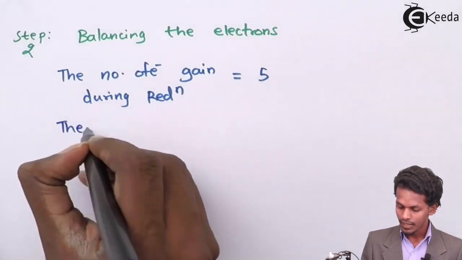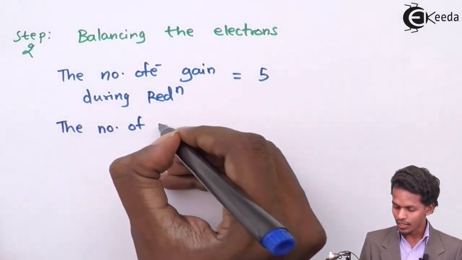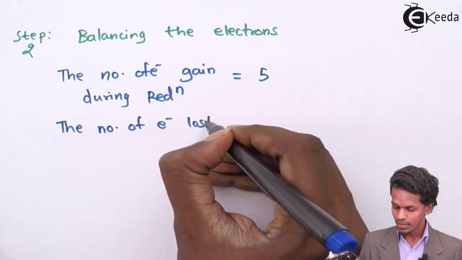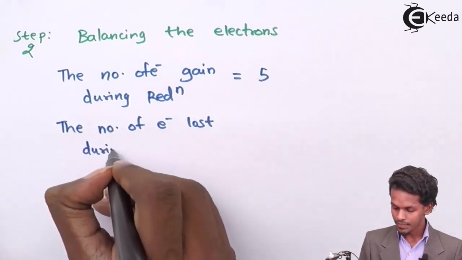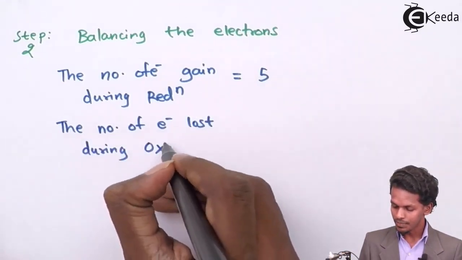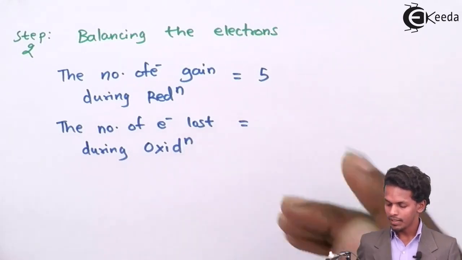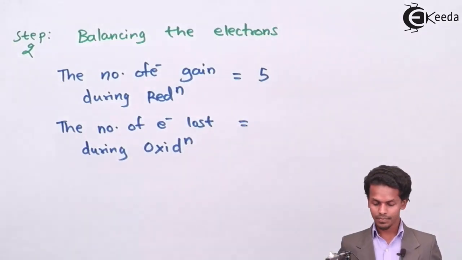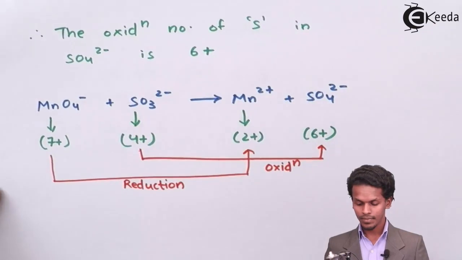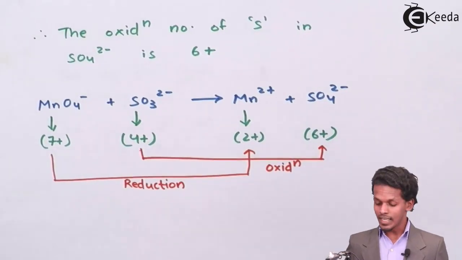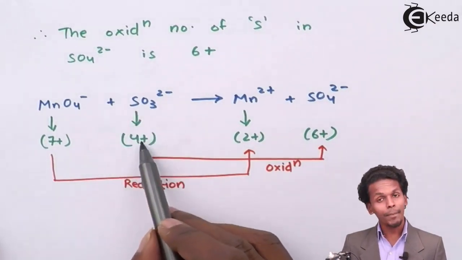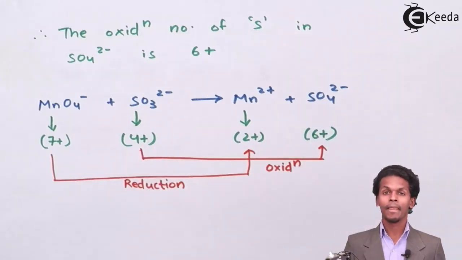So the number of electrons lost during oxidation will be, as you can see, the oxidation number is changing from plus 4 to plus 6.